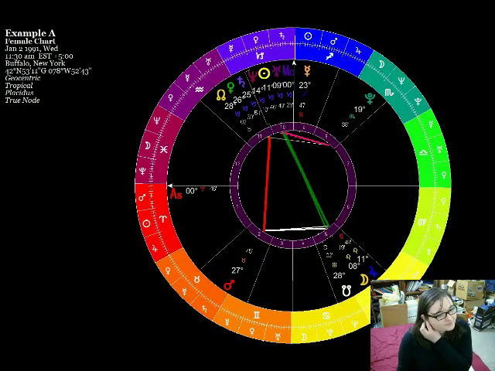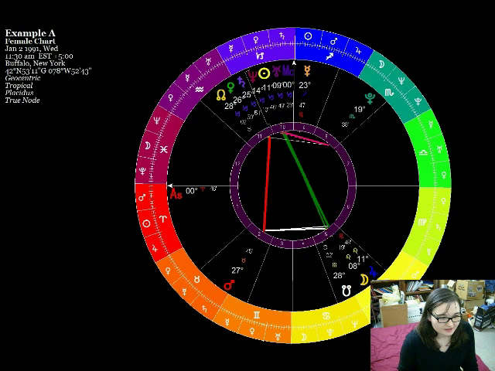So for this person, this is her approximate birth time chart. So the first step is to take the approximate time and make a chart. So this is her chart.